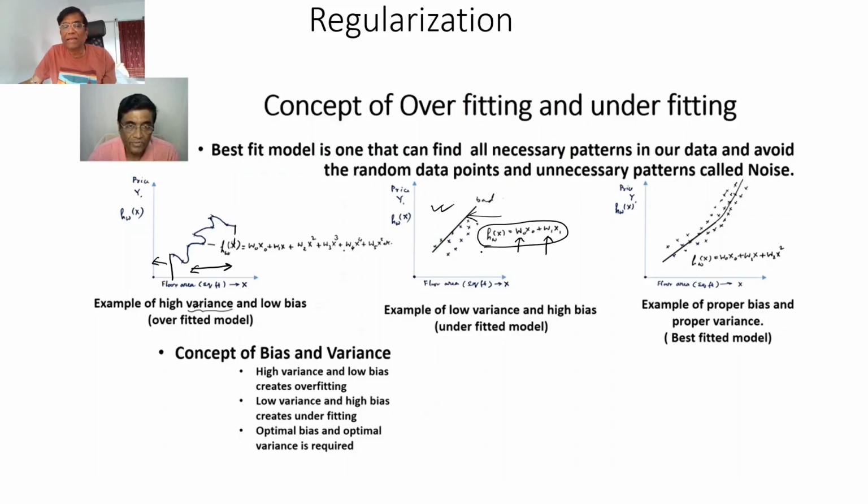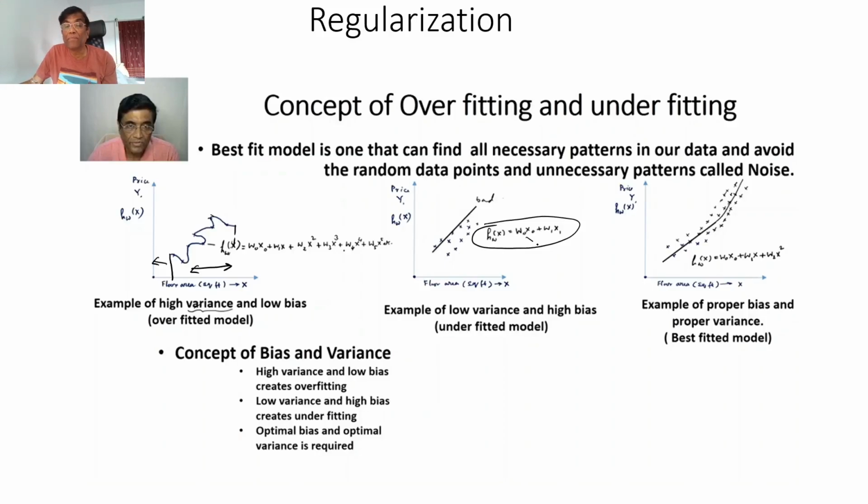So you will determine and you will try to predict. This is also a very bad design. Why? Because you have ignored the actual trend of the data, and your predictor is highly biased, and it has low variance.